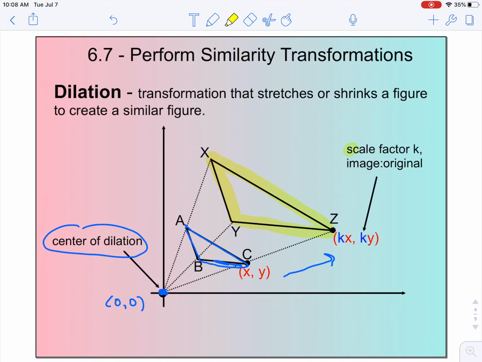And the scale factor here is K. So again, the scale factor is the original compared to the image. So you would write K compared to KX, that's how you would write that.